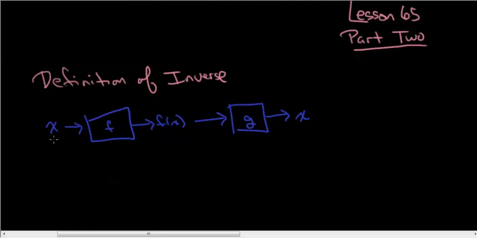If I put x into a function, what comes out? F of x. If I put that back into the inverse, what comes out? What I started with. For example, if I take x plus 5 and I subtract 5, I end up with x. Or if I take 3 times x and then divide that by 3, what comes out?